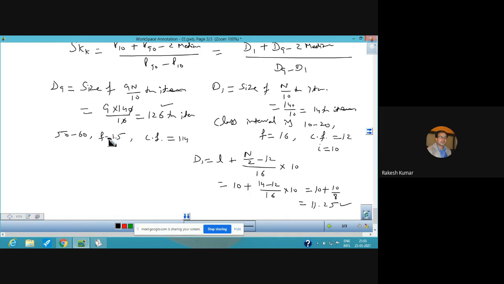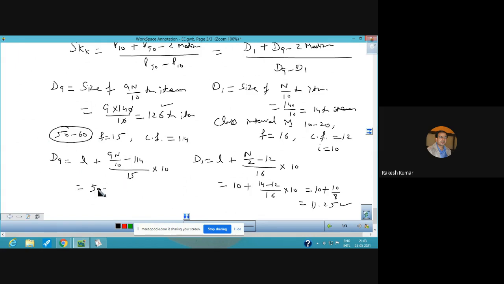So for calculating D9, that will be L plus 9n upon 10 minus the cumulative frequency 114, divided by 15, into i, which is 10.